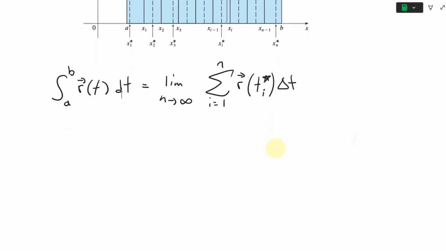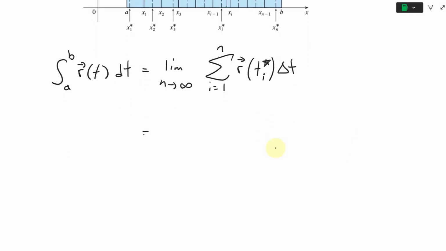Since we have components, and typically they're 3-dimensional, I'll move it over here.